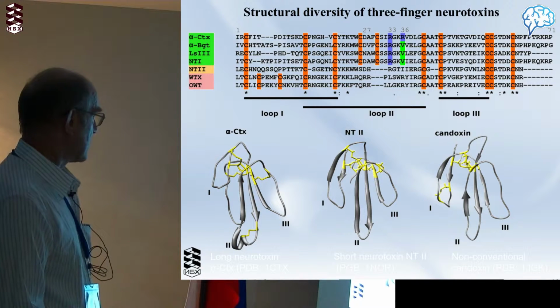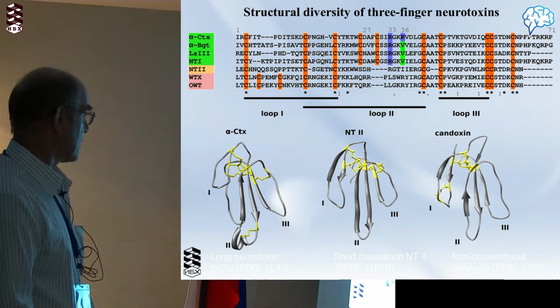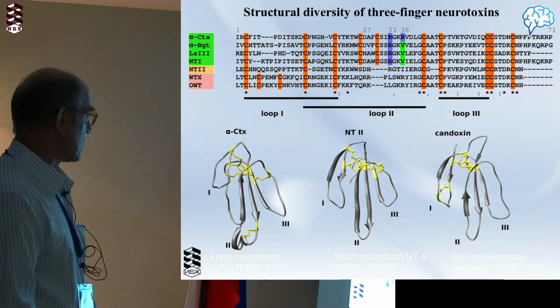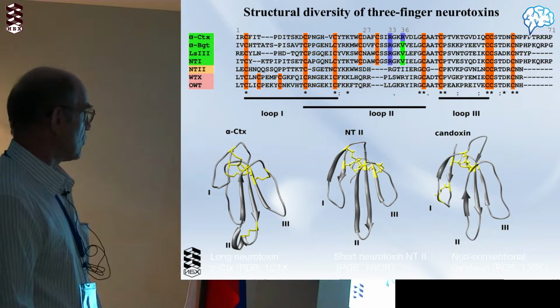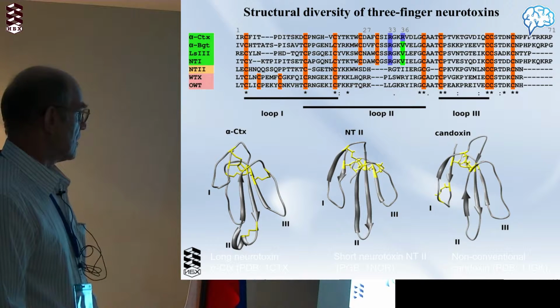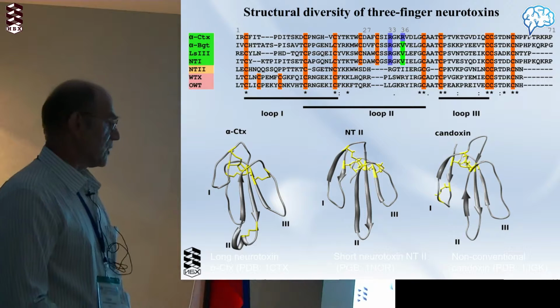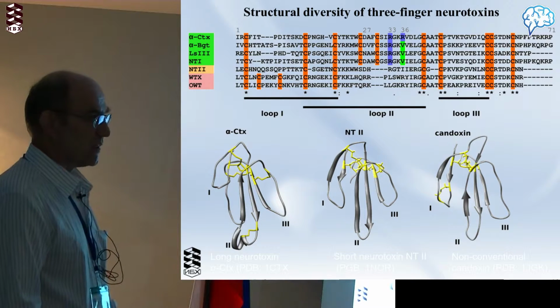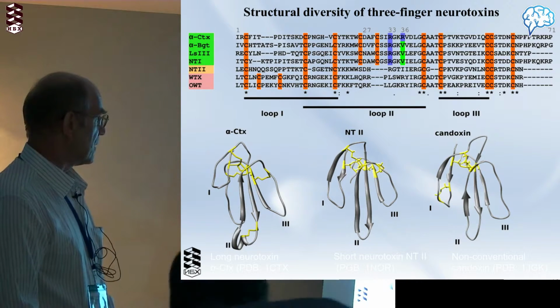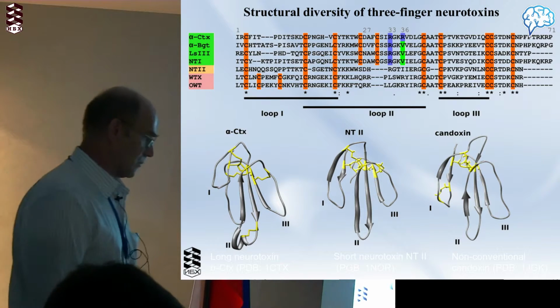Long toxins contain 5 disulfide bridges, and the 5th disulfide is in the second loop. Short neurotoxins contain only 4 disulfide bridges and no additional 5th disulfide, and so-called weak or non-conventional toxins again contain 5 disulfides, and the 5th disulfide is located in loop 1.